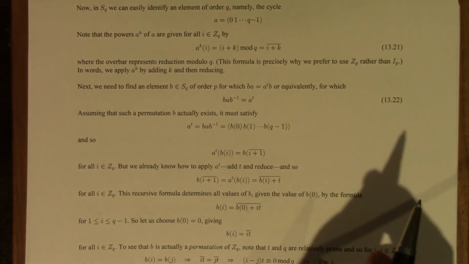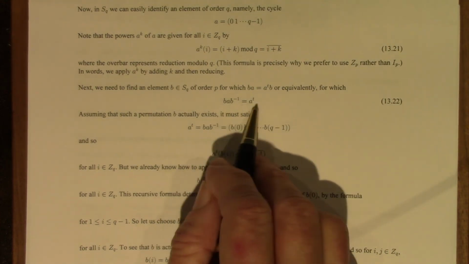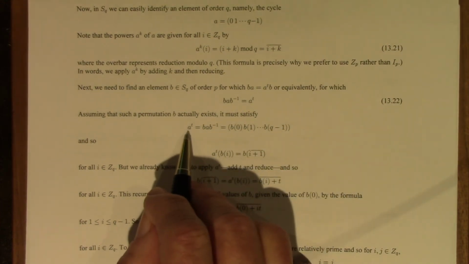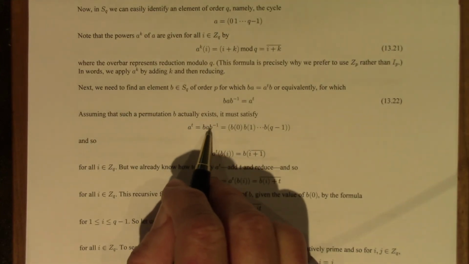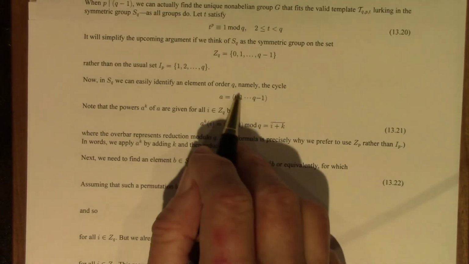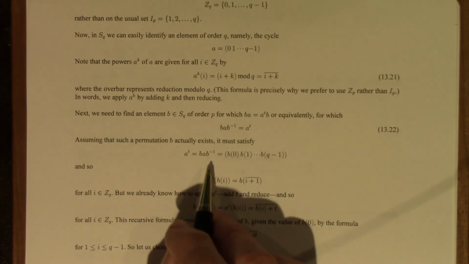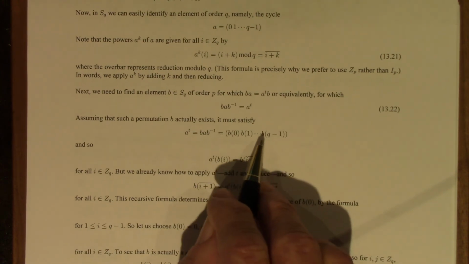If we assume that such a permutation B actually exists, then this is going to tell us how it behaves, because A to the T is B A B inverse, and to conjugate A, this cycle here, by B, we just apply B to each element in the cycle.